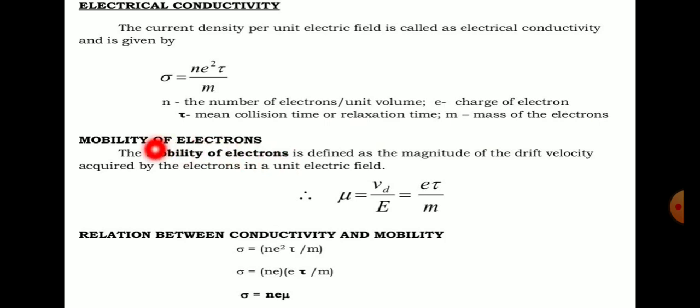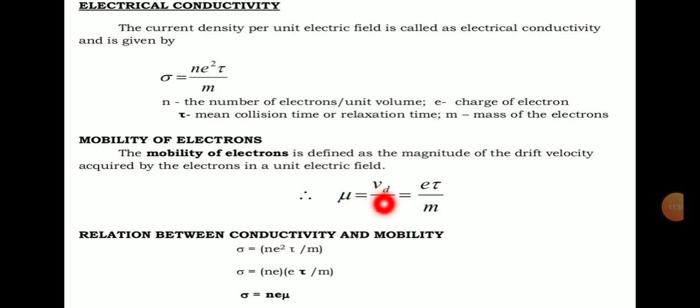The next is the mobility of the electrons. The mobility of the electrons is defined as the magnitude of the drift velocity acquired by the electrons in a unit electrical field, and that is given by μ = Vd/E.